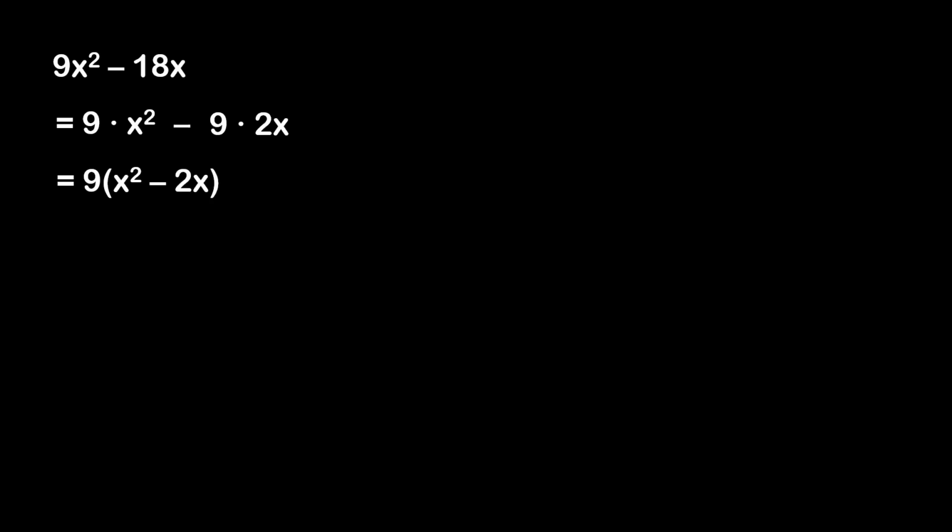Okay, so the other thing that we have to keep in mind is that if every term has an x, then we also have to make a point of factoring out the x. Okay, so we keep in mind that x squared is x times x, because in general anything squared is that number multiplied by itself. So we have that the expression in the brackets can be rewritten as x times x minus 2x, and then we can factor out the x, and we'll have 9x times x minus 2.